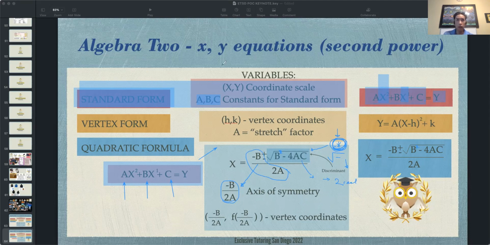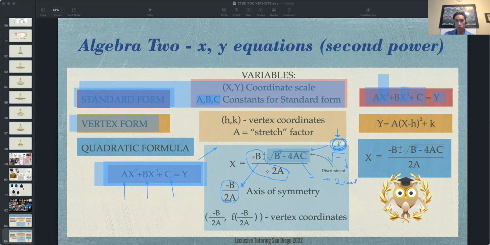Now, in addition, we also have this vertex form. Sometimes you can take your standard form and convert it into vertex form by doing some algebraic manipulations. We'll show you that in a moment when we go into our practice.